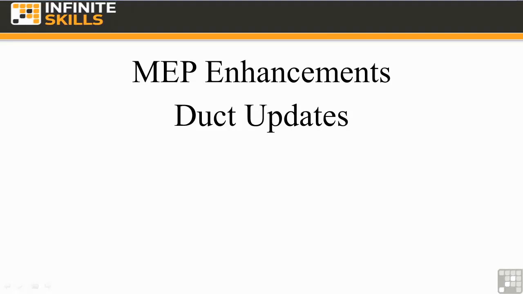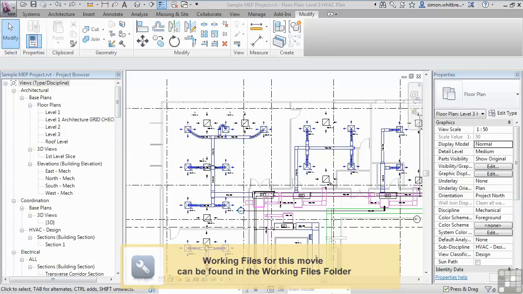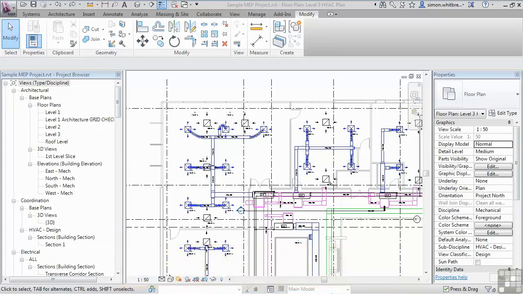The guys at Autodesk have been really busy this year, and there are yet 2 more enhancements to the Duct tools. For this exercise, you can carry on with the sample MEP project located in the Common folder. Revit 2013 uses the latest version of the ASHRAE duct fitting database, 5.00.00.